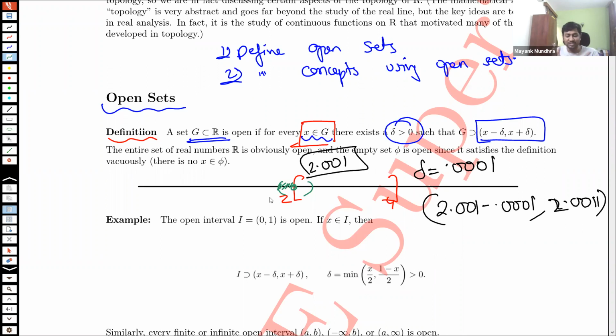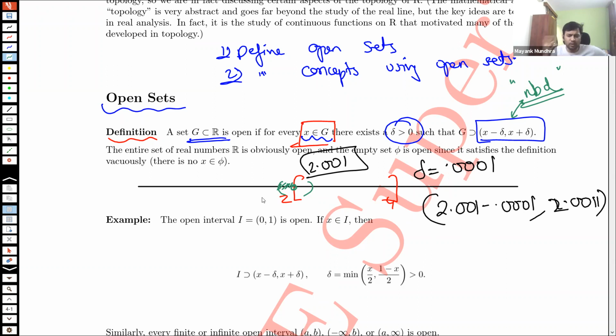All right, so you cannot construct a neighborhood around it which is going to completely lie inside the set. This is what we call a neighborhood, by the way. Okay, so that's why this closed 2 to 4 is not going to be an open set.